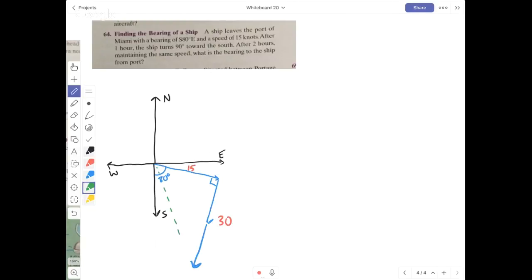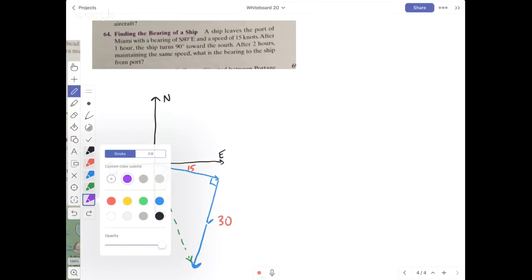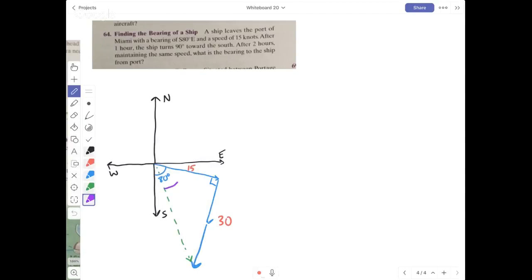It would be that green dashed line. And I'd like to find this angle theta right here that I'm going to draw in purple.